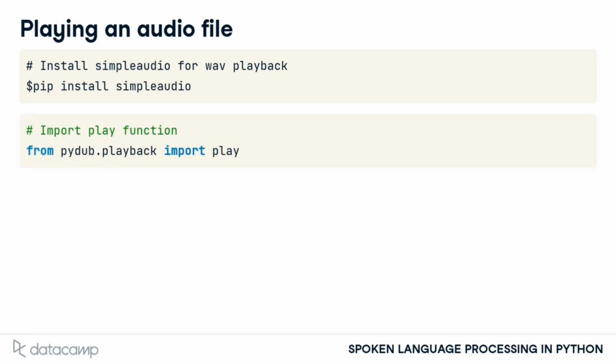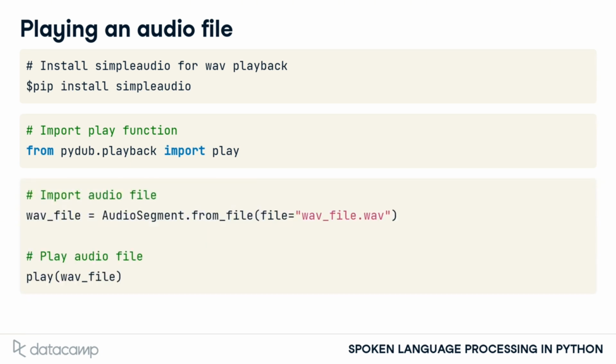Then we import play from pydub.playback, and to play our AudioSegment instance variable, wav_file, we pass it to the play function. Running the play function will play wav_file out loud. Note, due to the limitations of the DataCamp classroom, the play function does not work on DataCamp, but will work locally.